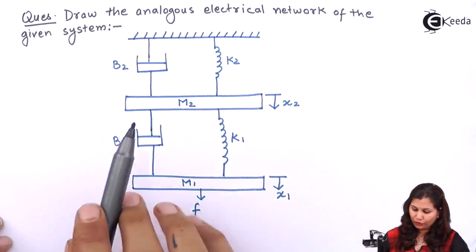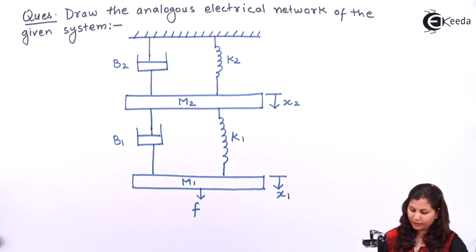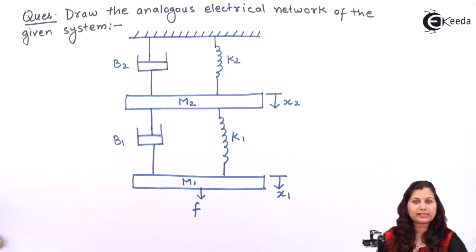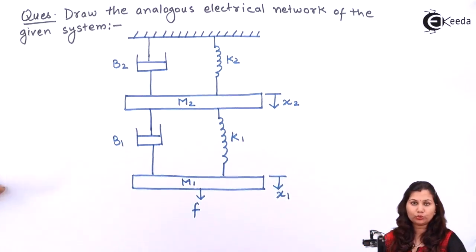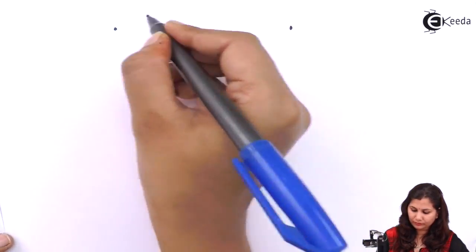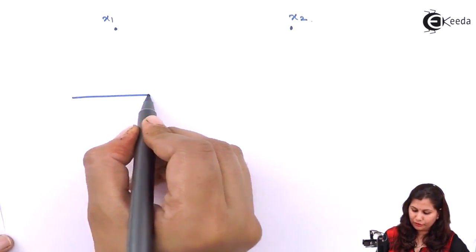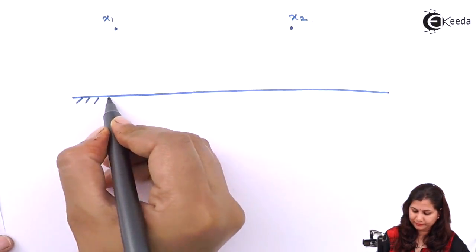So first we will draw the nodal diagram for this system. We have two displacements x1 and x2, so there will be two nodes. Then we will draw the reference line.